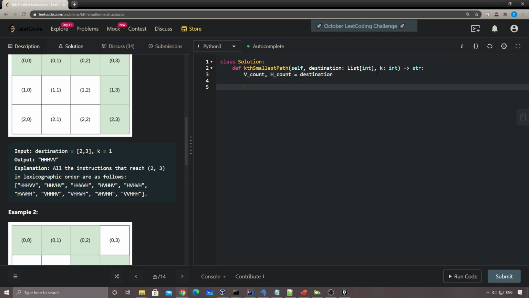So and then we have answer equals to empty, okay? And I'm going to have like this for I in range, at the beginning, since we have in total the V count plus the H count, right? In total.